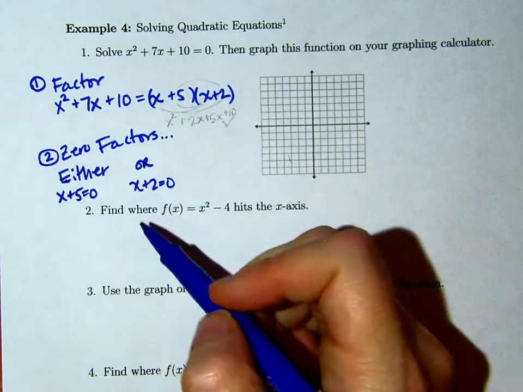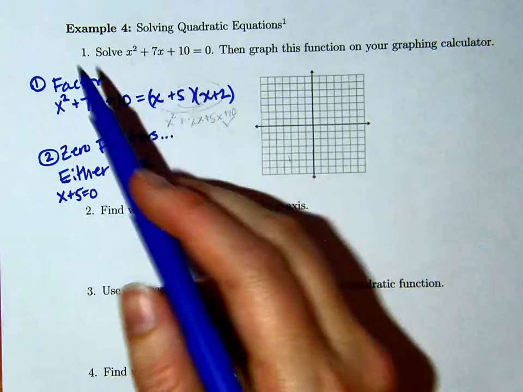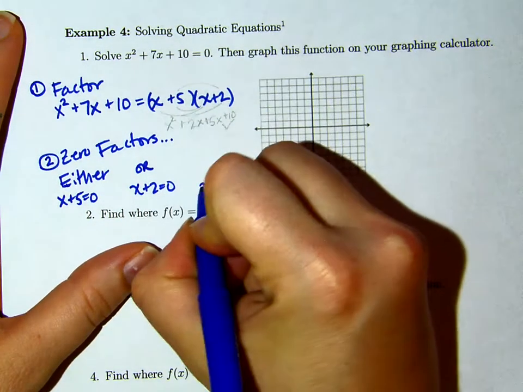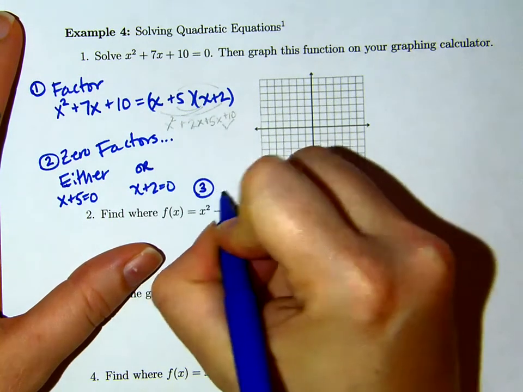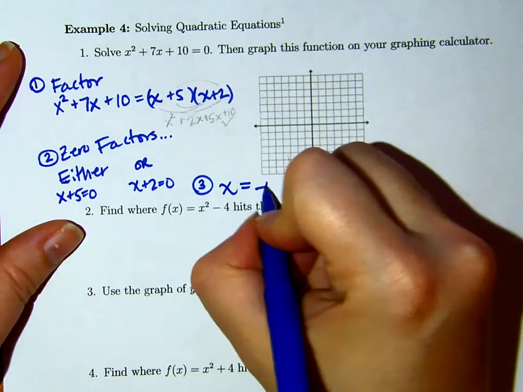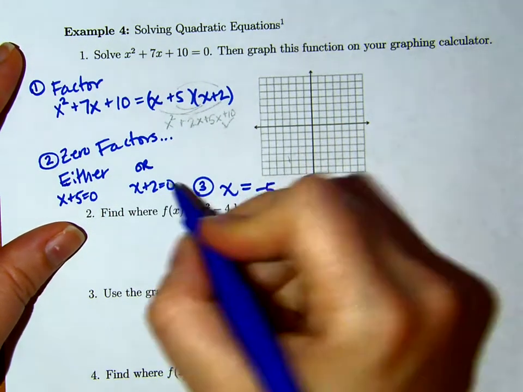And then from there, we write our solutions. So step 3, our solutions are -5 or -2.